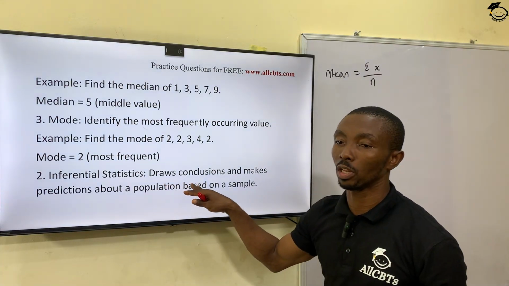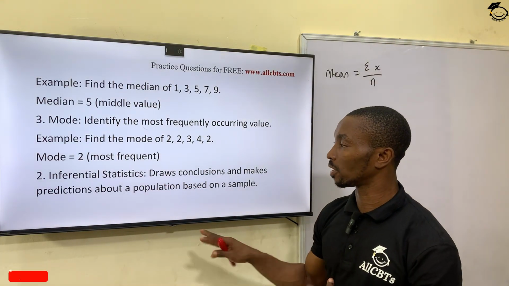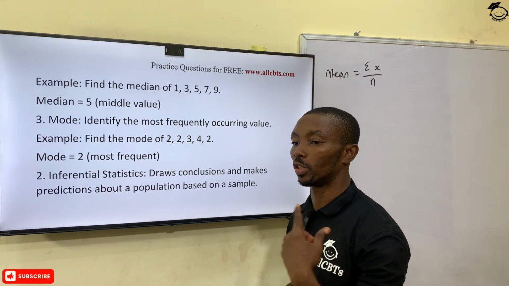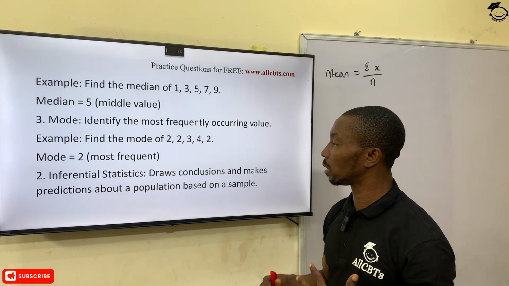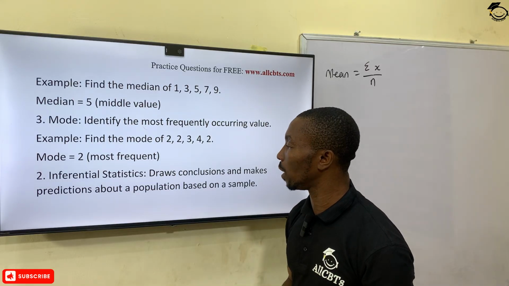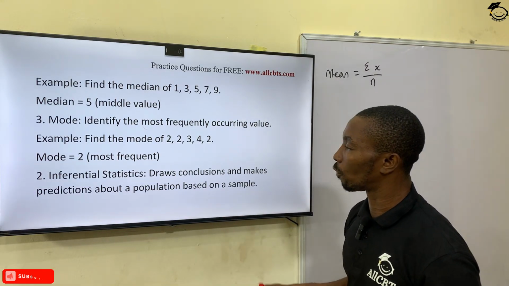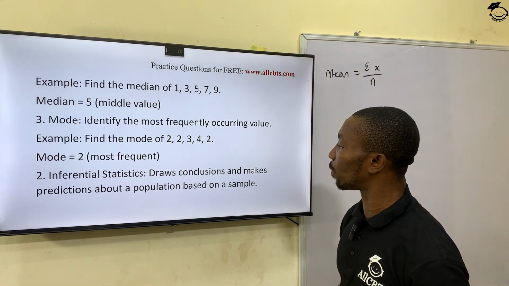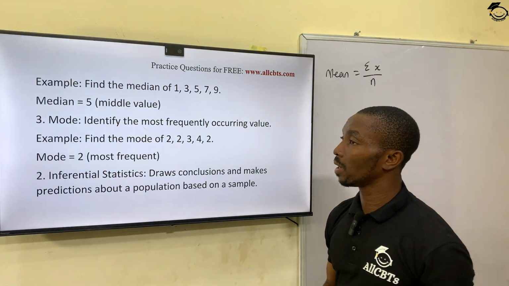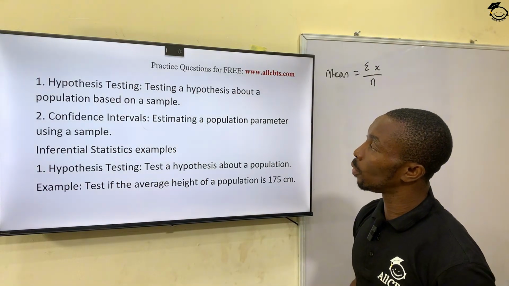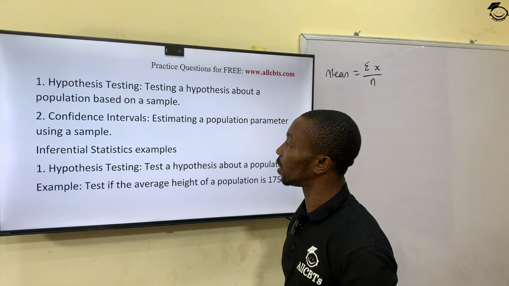Now, this is majorly used in the statistical world to draw predictions about how certain events would be from a sample of population. All right. Next, under there, we'll be looking at hypothesis testing.